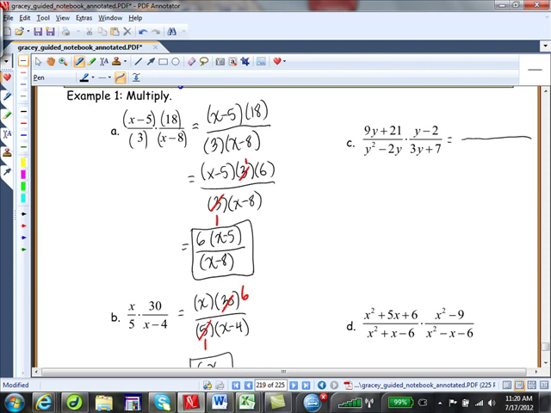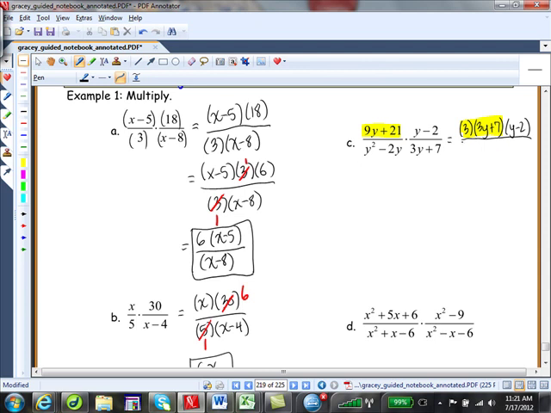So notice that we can factor out a 3 from that first numerator, and we're left with 3y plus 7. So this is equivalent to all this times y minus 2. It's already prime. I'll just put parentheses around it so that we keep true to multiplying this 9y plus 21 times the factor y minus 2.